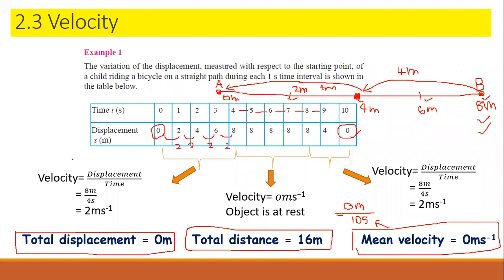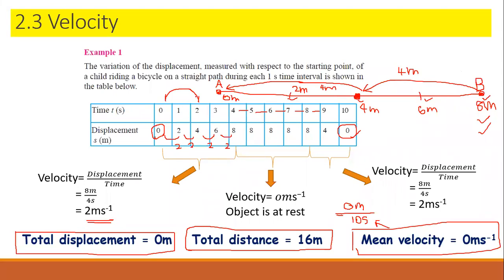So here we can find velocity is the displacement divided by time. We can take any point. We can take this, or we can take all the area. If we take this whole movement mentioned here, like this part, it is 8 meters. And the total time which has been spent for this movement is 4 seconds. So 8 divided by 4, 2 meters per second.